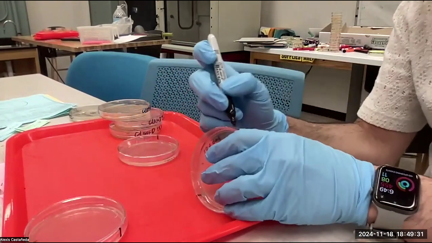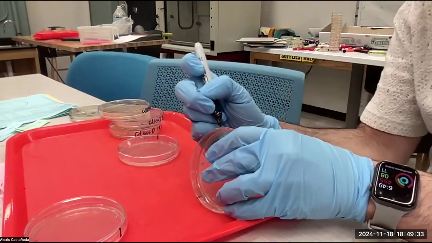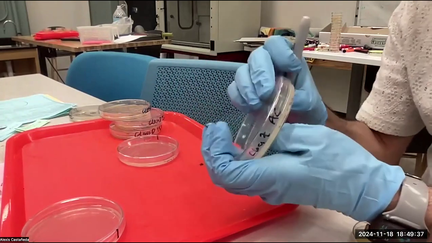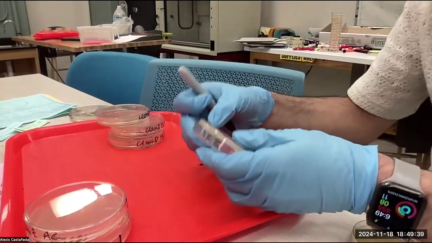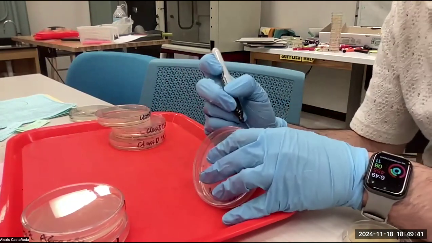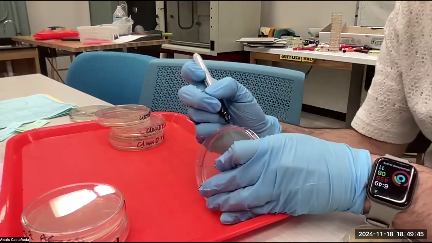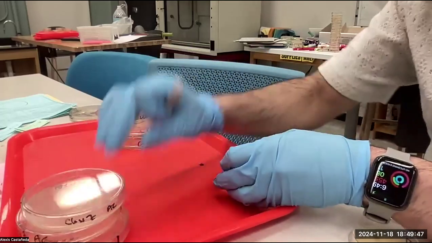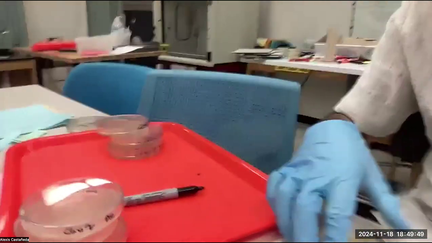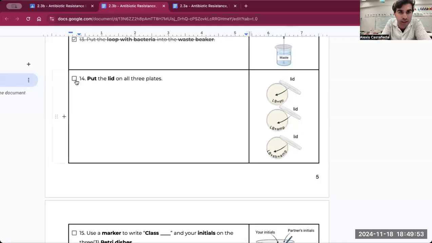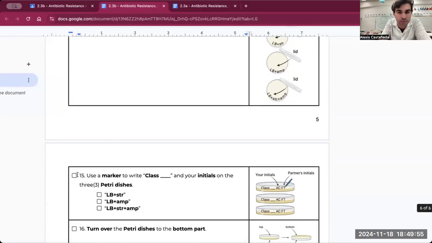Same here, class Z, then AC, my initials. Same here, class Z, and then AC. So we put our class and the initials on all three of these plates.